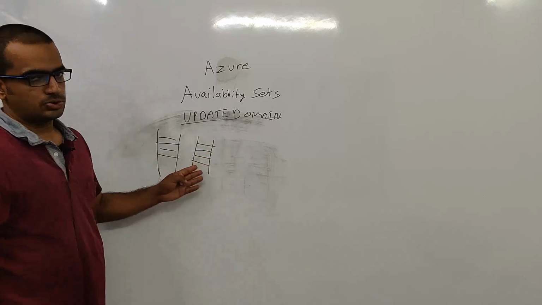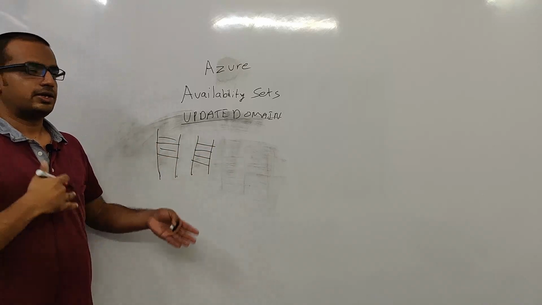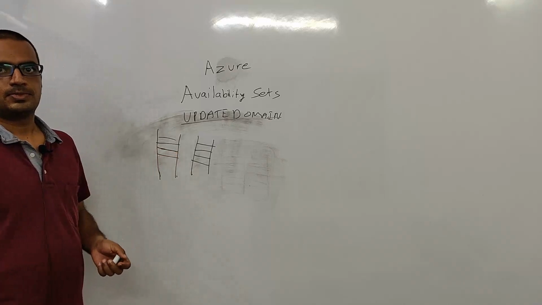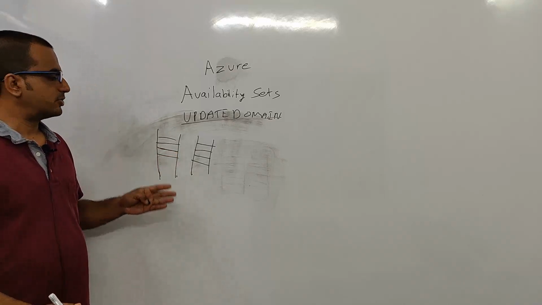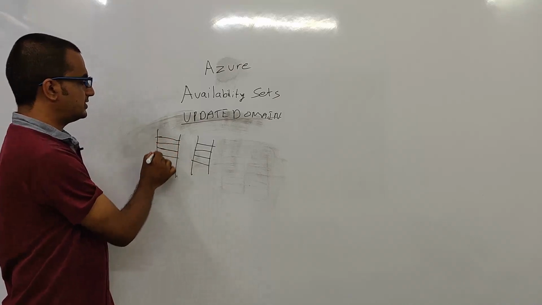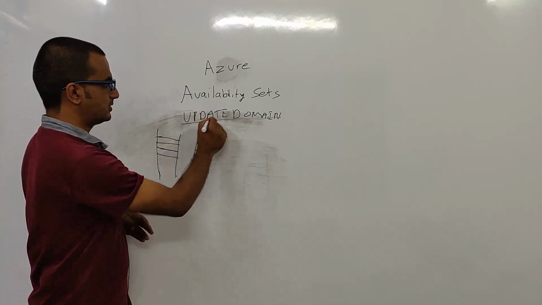All these hosts are running Windows Server, and as usual, these hosts also need to be updated. So whenever Microsoft updates, they have organized these hosts into something called update domains.